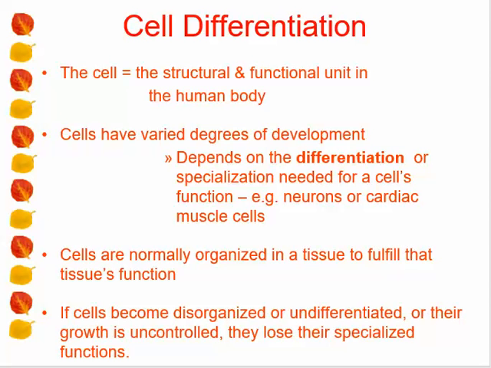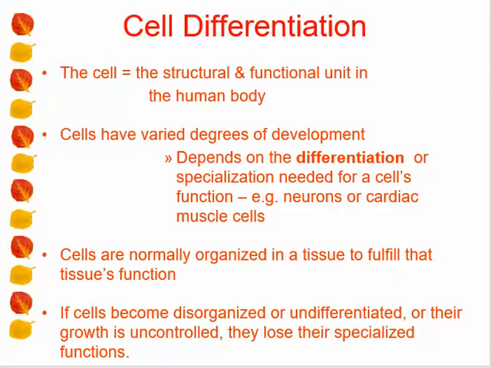And the cell differentiation, the specialization of the cell, really is programmed by the organism. But every now and then the programming goes awry, and cells don't differentiate properly. They don't become a normal part of the tissue.